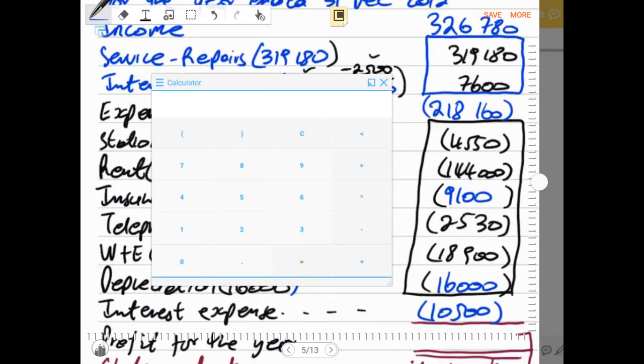So now we have 4,550 plus 144,000 plus 9,100 plus our telephone expense.